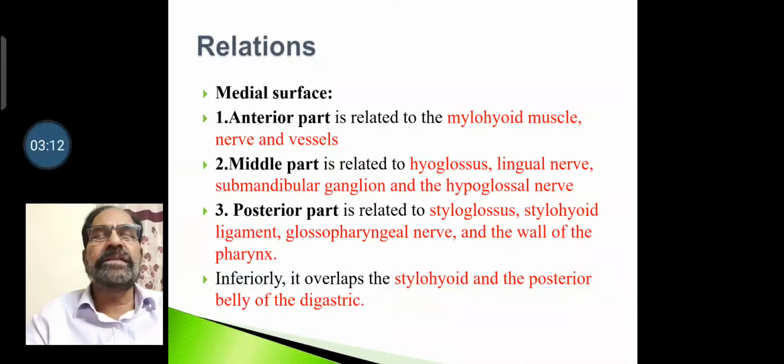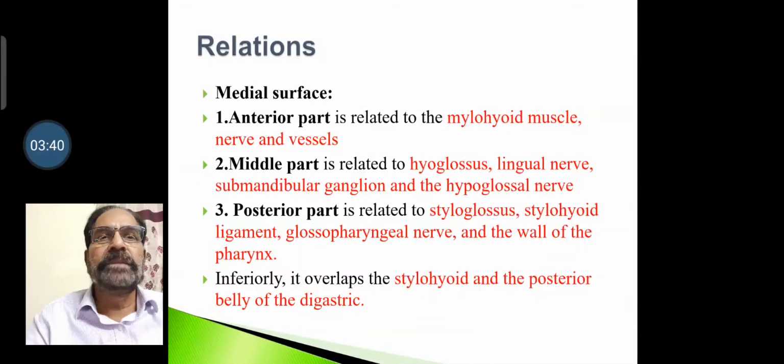Coming to medial surface. So this surface can be divided into three parts, anterior, middle and posterior part. In the anterior part, the gland is related to mylohyoid muscle, its nerve and vessels. Coming to middle part, it is related to hyoglossus, lingual nerve, submandibular ganglion and hypoglossal nerve.